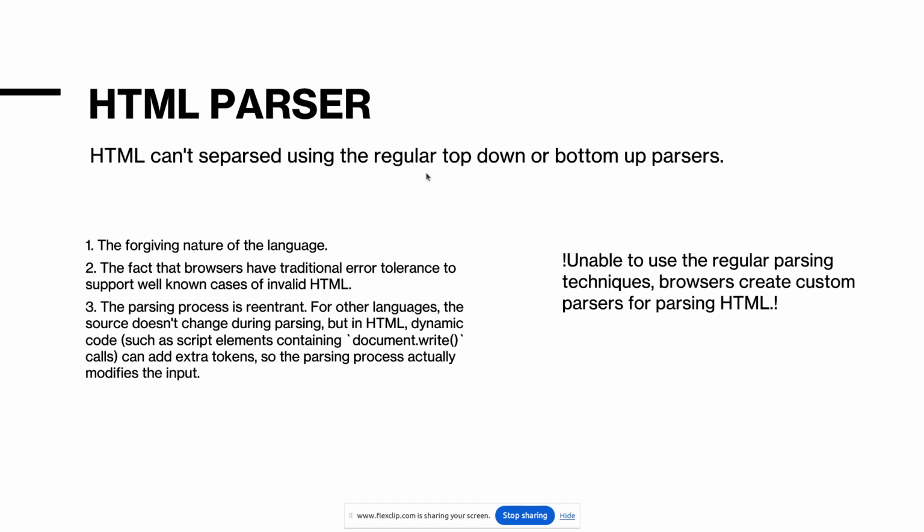So the HTML parser. We just talked about how parsing works, but the thing is that HTML can't be parsed by regular top-down or bottom-up parsers. That's kind of weird, right? HTML is kind of a programming language, but it's not really a programming language, so it cannot be parsed using those kinds of parsers.